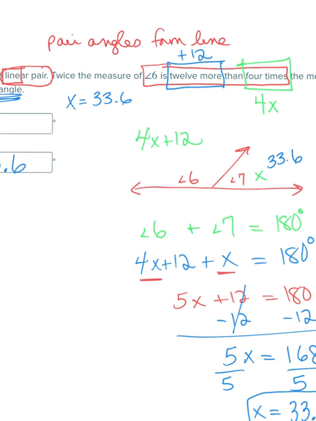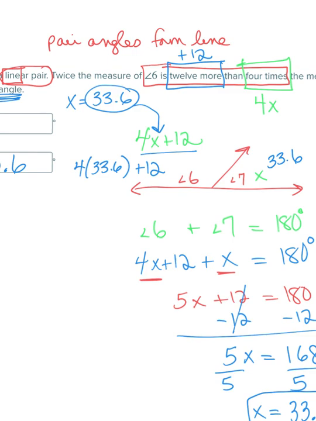Now, we can solve for angle 6 two ways. Angle 6 was 4x plus 12. I could take my 33.6 and plug it into x, and then simplify, which would be 4 times 33.6 plus 12.